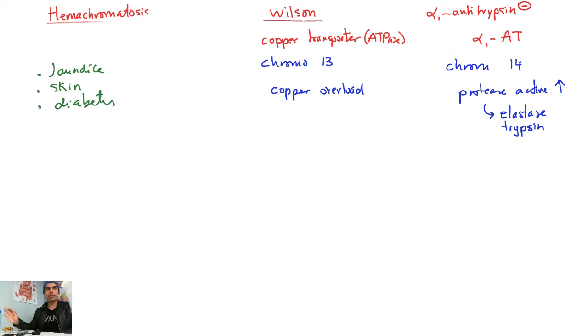Look for those 3. This combination should always make you think of hemochromatosis, especially if the person is in their 40s and Caucasian, and especially if there's a family history. Oh my God, everything is making sense now.